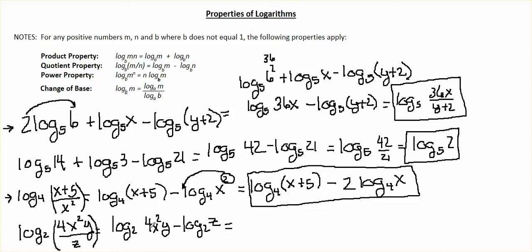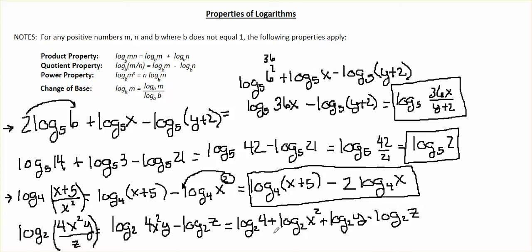We separate out multiplication by using addition. Since we have 2 multiplications, we're going to have 2 addition signs. So we're going to have log base 2 of 4 plus log base 2 of x squared plus log base 2 of y, and then we're going to subtract log base 2 of z.